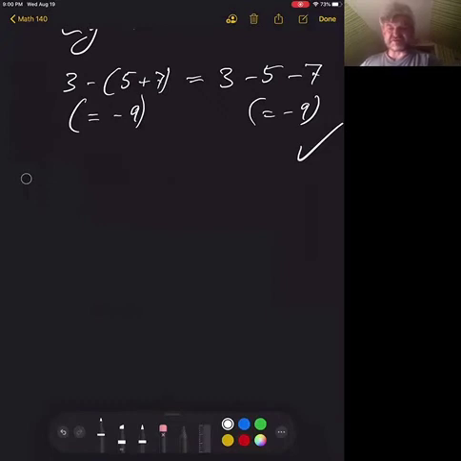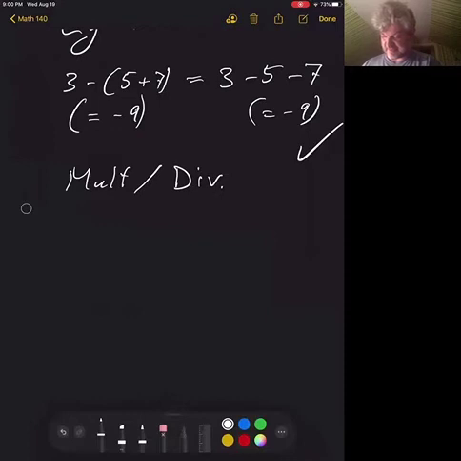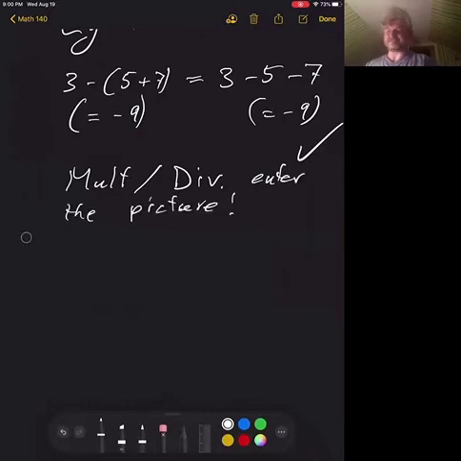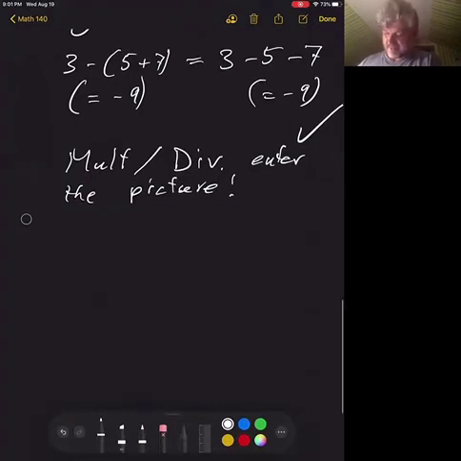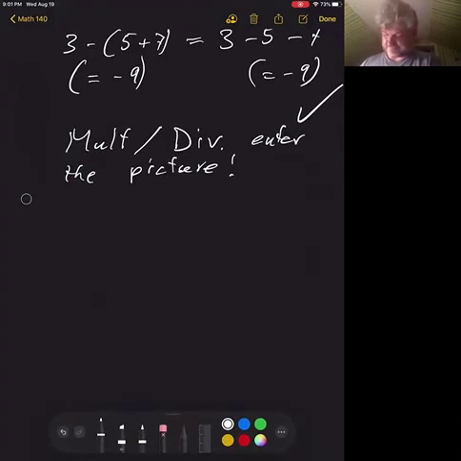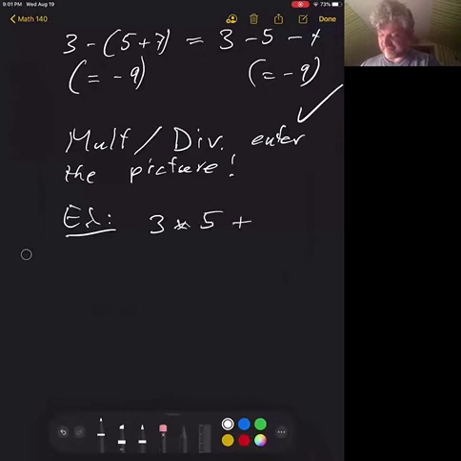Now for multiplication or division entering the picture. Let's look at some examples. 3 times (5 plus 2).